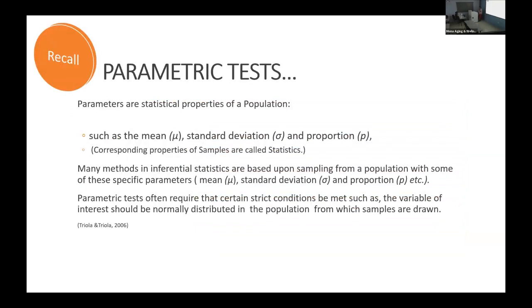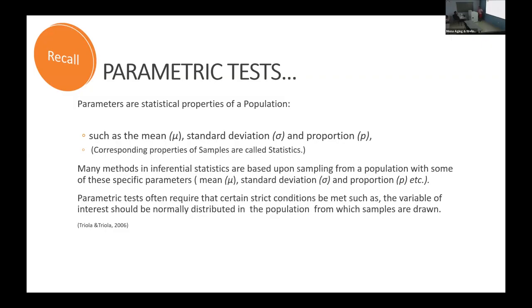So, parametric tests. In Biostatistics 1, you would have learned that parameters are statistical properties of a population. We would have met the mean, mu, the standard deviation, sigma, the variance, sigma squared, and the proportion, p. And I know that you also know about the corresponding properties of the samples.